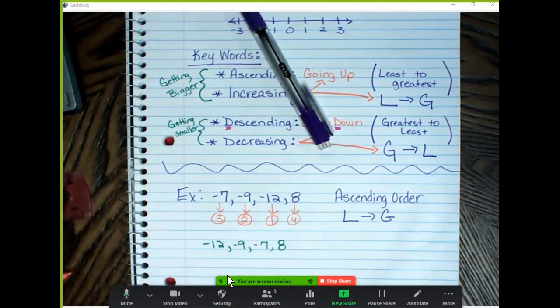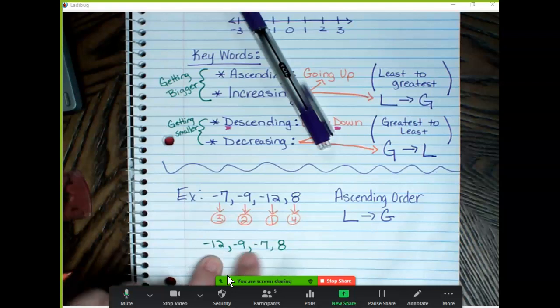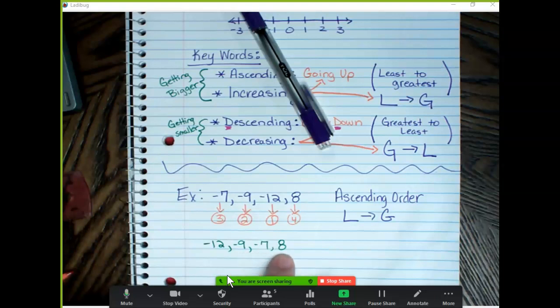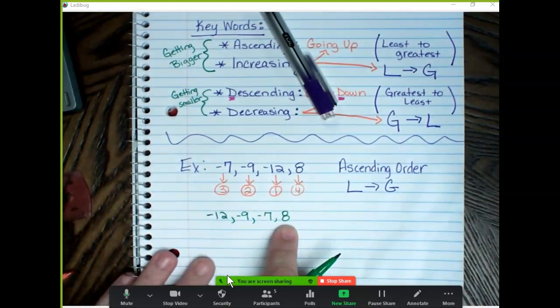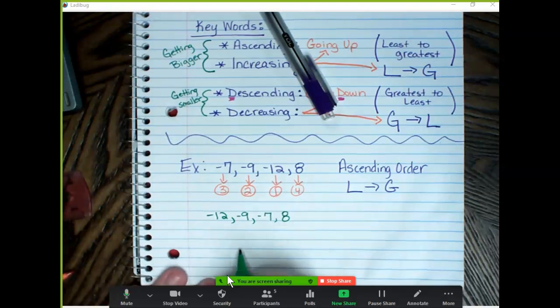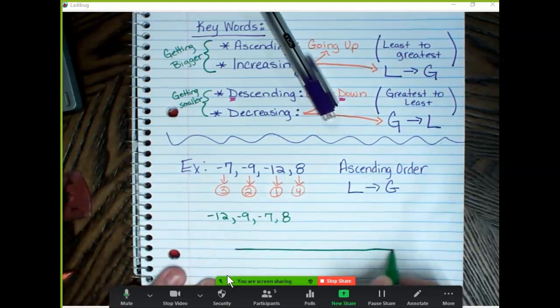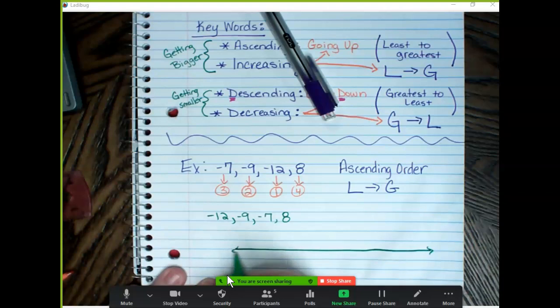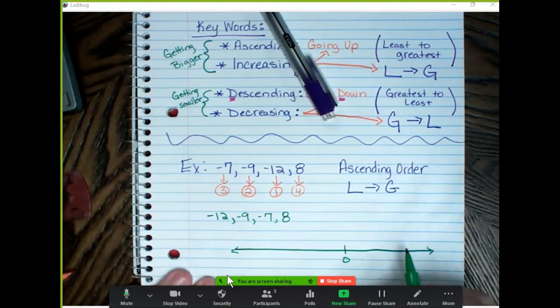Is my 8. If I were to put these on a number line, would they move to the right? Bigger, bigger, bigger, bigger? No, it would stay the same, wouldn't it? Well, let's try it out. Because they're negative. If I had a number line, I know 0's here. I know 8 is going to be somewhere up here in the positives, right?